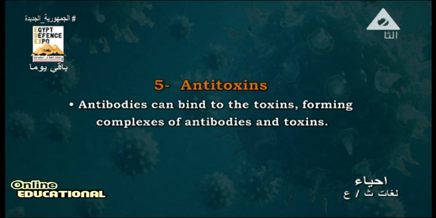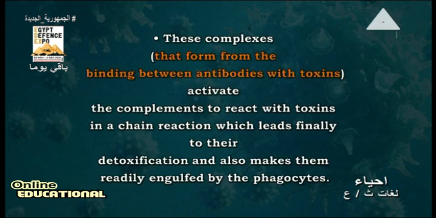What are the antitoxins? Antibodies can bind to the toxins, forming complexes of antibodies and toxins. These complexes formed from the binding between antibody and toxins activate, number one, the complements to react.